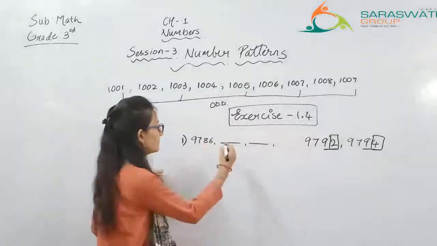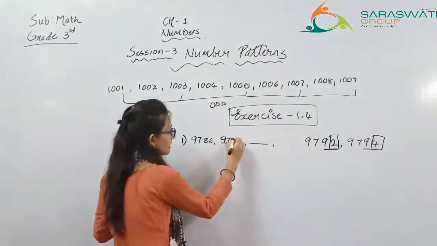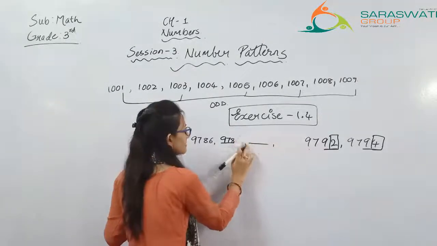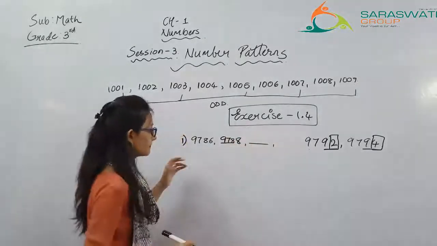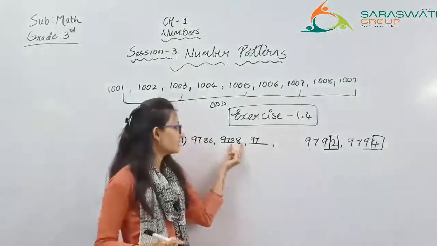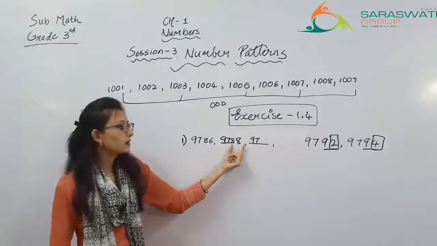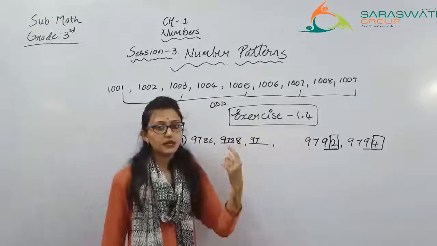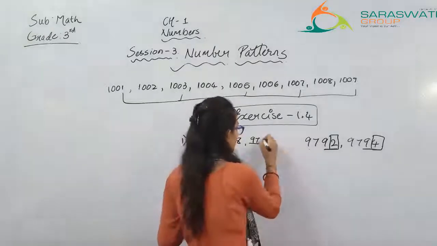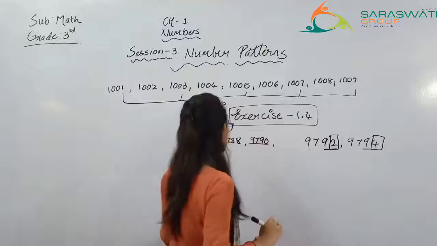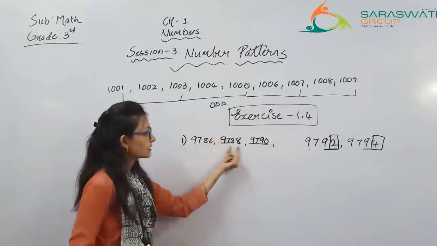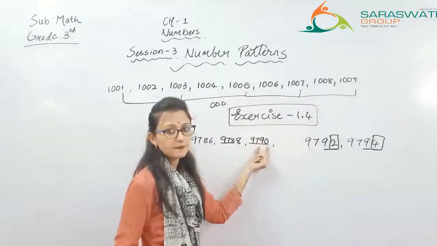9786. Then 9788. You have to write over here 9788. Then after 88, what will come here? 89 you have to skip, and then 90. So 9790. 9786, 9788 and 9790.